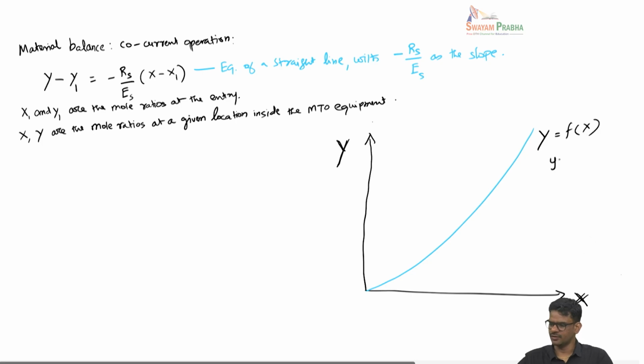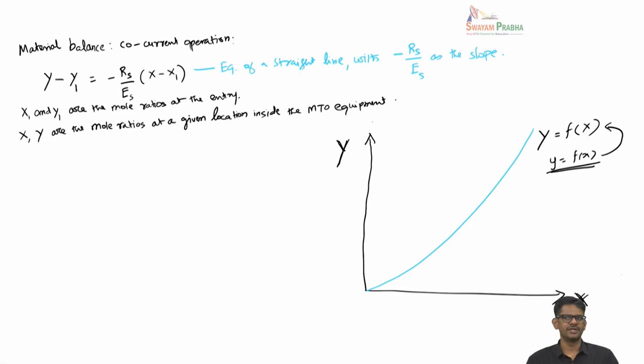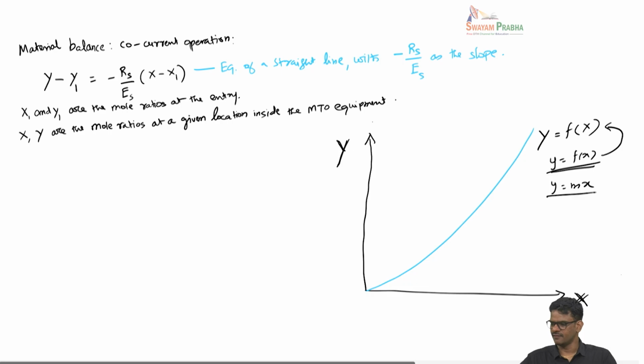This equilibrium line should be given as Y as a function of X. Usually we give small y as a function of small x, but we have to convert this into mole ratios. Generally the equilibrium line is given in mole fraction units, so you need to convert that into mole ratio units. When you do this, even a linear line y is equal to mx in mole fraction units will become a curve when you translate into mole ratio units.